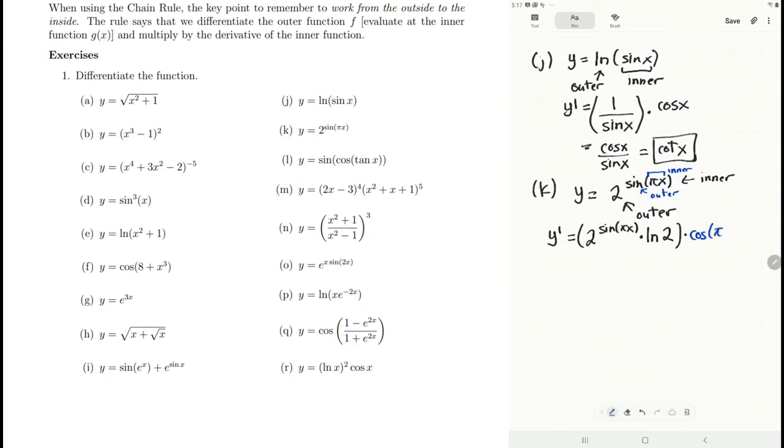We leave the inner function, which is pi x, the same, and then we multiply by the derivative of the inner function, so the derivative of pi x, which is pi. So simplifying, we have pi times the natural log of 2 times cos of pi x times 2 to the sine of pi x.